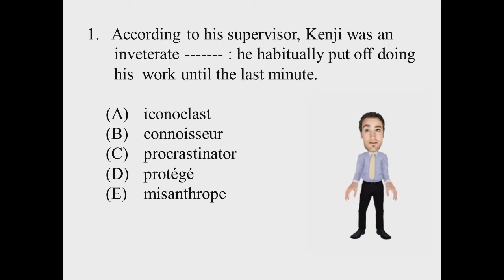Choice B was connoisseur. It sounds French, it is. Connoisseur is somebody who has an excellent knowledge and understanding of a particular subject. You can be a connoisseur of wine, a connoisseur of fine dining, a connoisseur of art. The word itself, although from French origins, is derived from Latin.